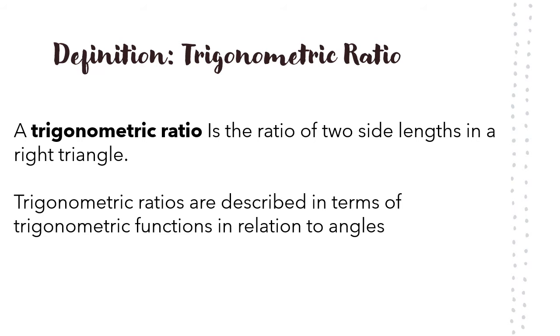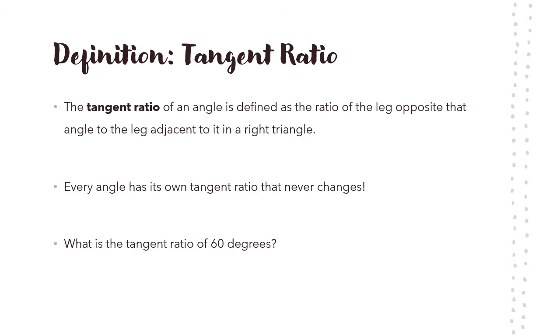We're going to learn about 3 different kinds of trigonometric ratios in this course. Today we're going to start with one specific one. And that specific one is the tangent ratio. The tangent ratio is defined as the ratio of the leg opposite of that angle to the leg adjacent to that angle in a right triangle.